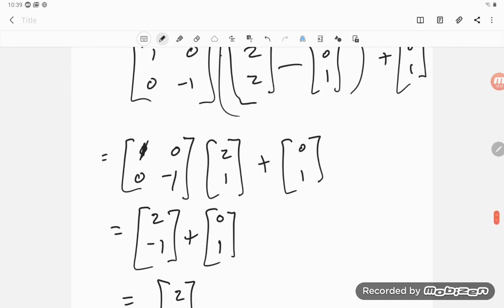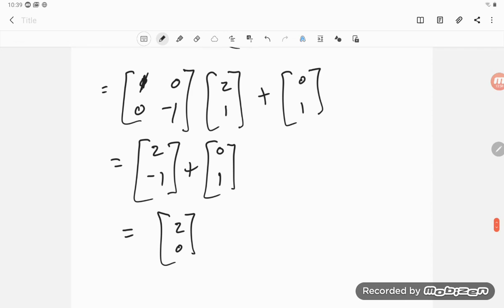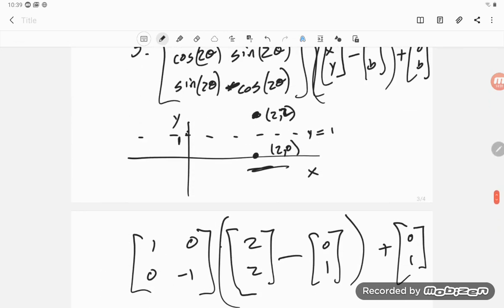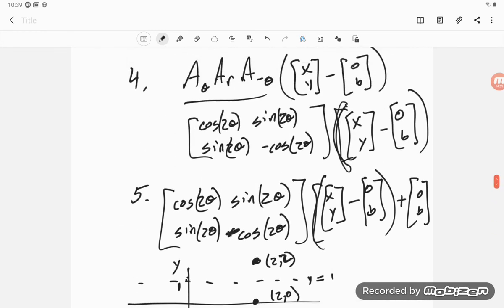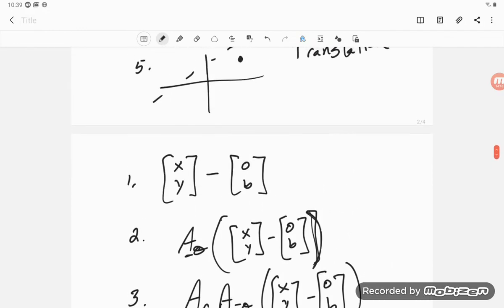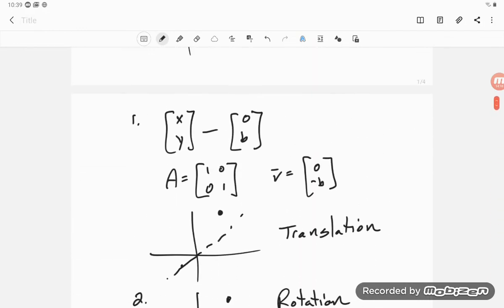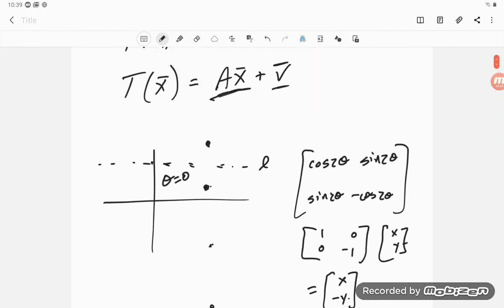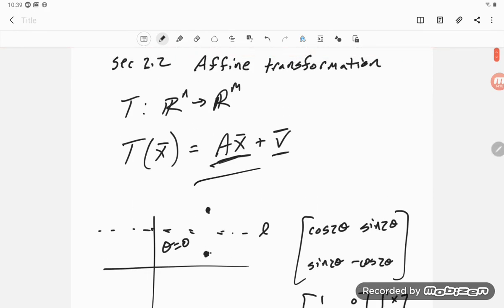Okay, so you see, we can still reflect over any arbitrary line in these 2 dimensions. Not a problem. But I need this thing called an affine transformation back here, way back here. I need to do the affine transformation to make that work.